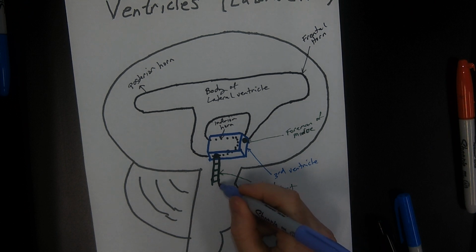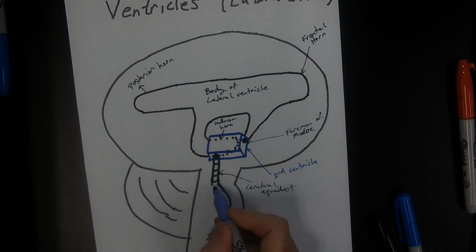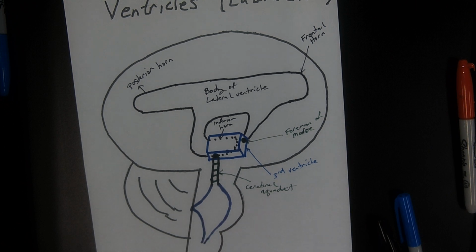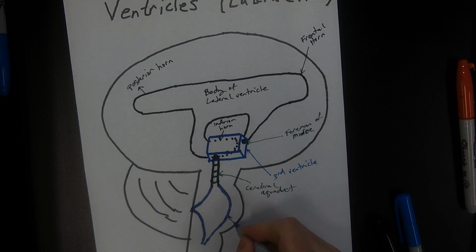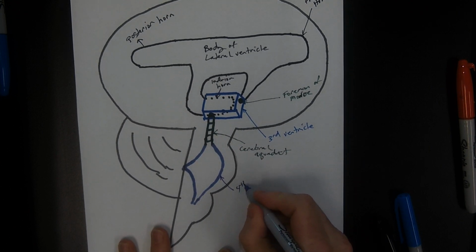It's going to be mostly in the pons, comes around like that, a little bit in the medulla, and it comes back, and then there's a special connection in the back here. This is your fourth ventricle.